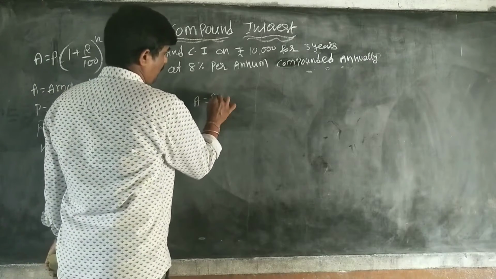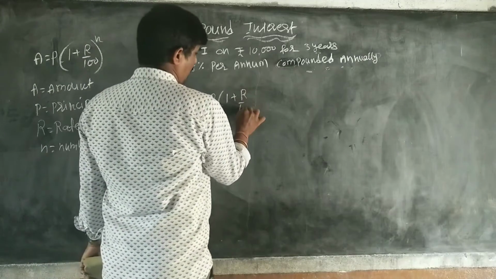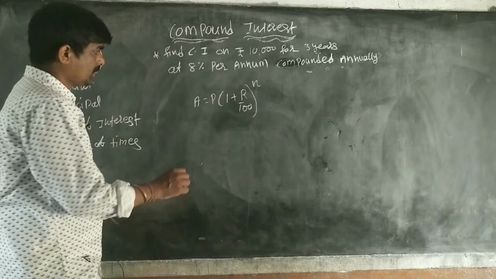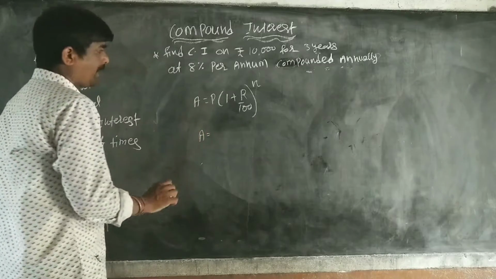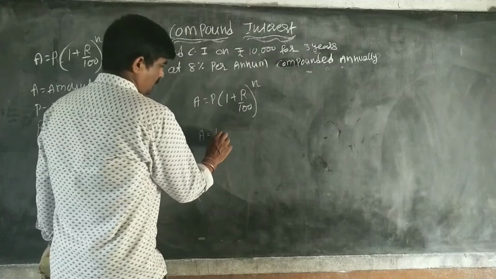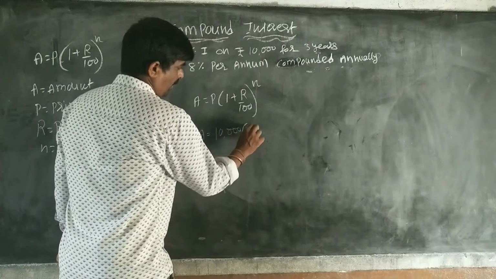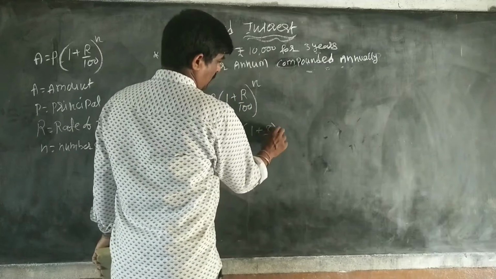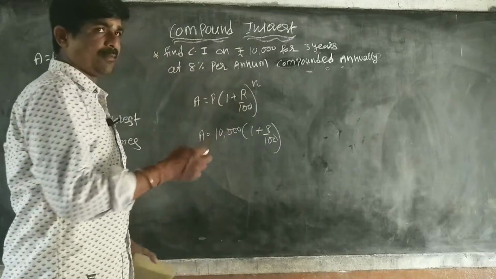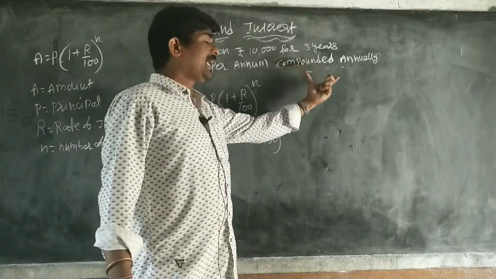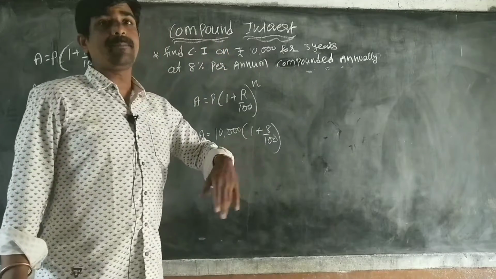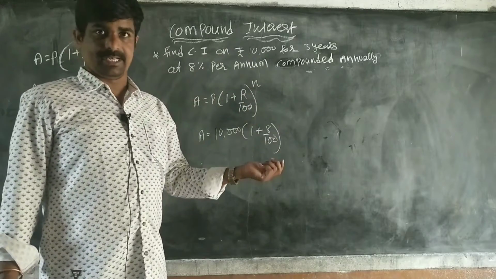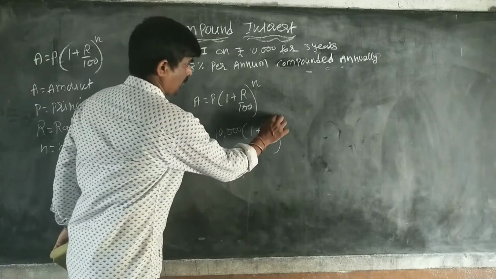Here A is equal to P into 1 plus R by 100 whole power N. Principal is 10,000 rupees, 1 as it is, rate of interest 8% by 100, whole power N, the number of times, that means 3 years. Every year we calculate interest again on interest. So whole power 3.